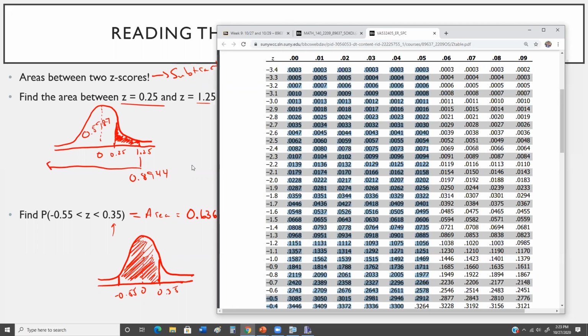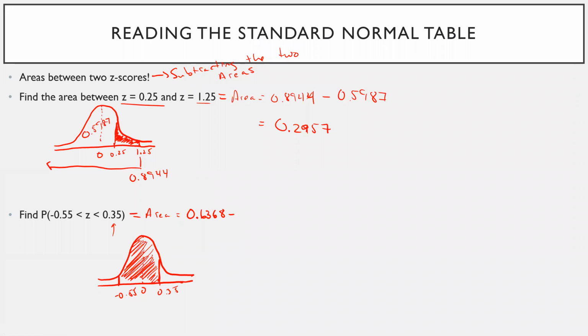All right. So if you just grab your trusty calculator and plug those in, I think you get 0.3456.